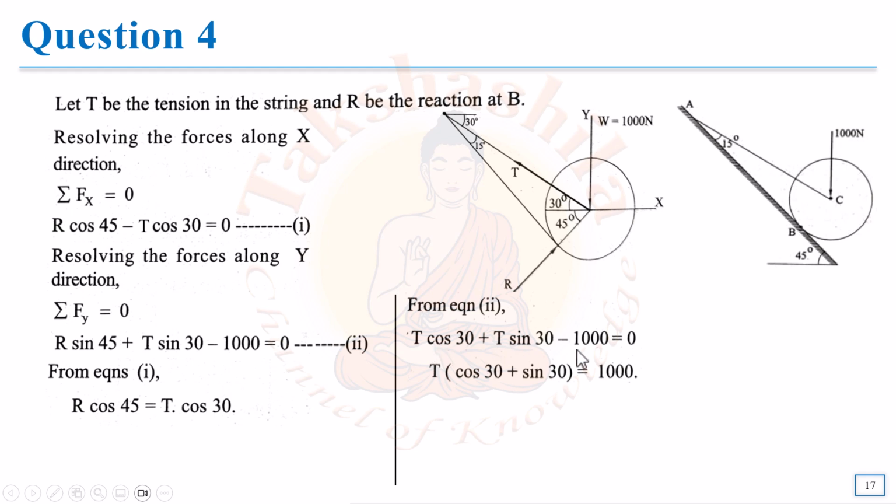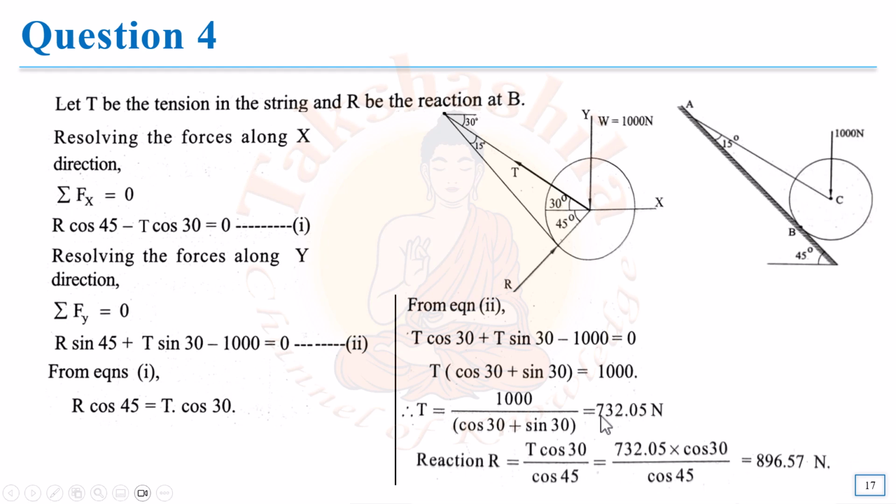Now in this equation we have only one unknown quantity, that is T. So I will take T outside, so it becomes T into cos 30 plus sin 30 is equal to 1000. From this, I can simplify and get the value of T. Therefore, T will be equal to 1000 divided by cos 30 plus sin 30, which comes to around 732.05 newtons.